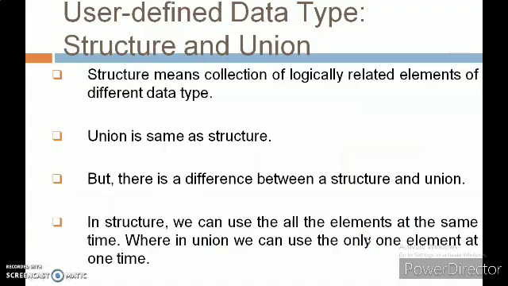So let's start with the user-defined data types. The first one is structure and union. So what is structure? Structure means collection of logically related elements of different data types. That means it is a collection of different variables of different data types. Union is similar to the structures.